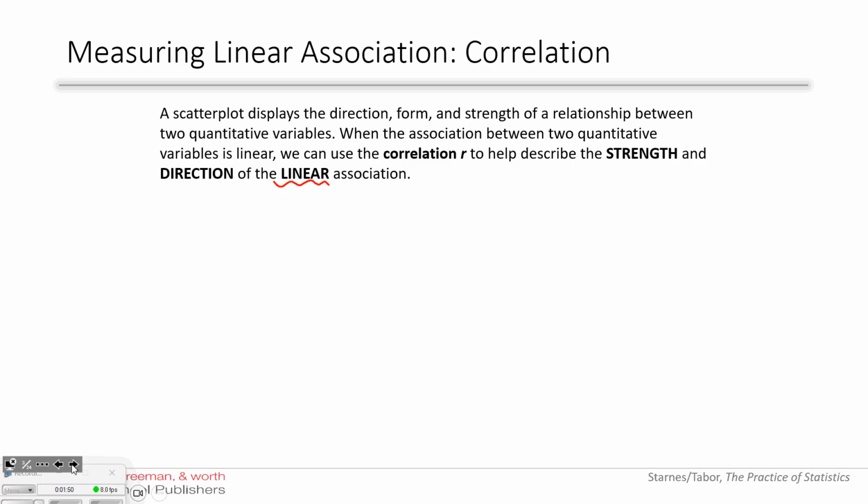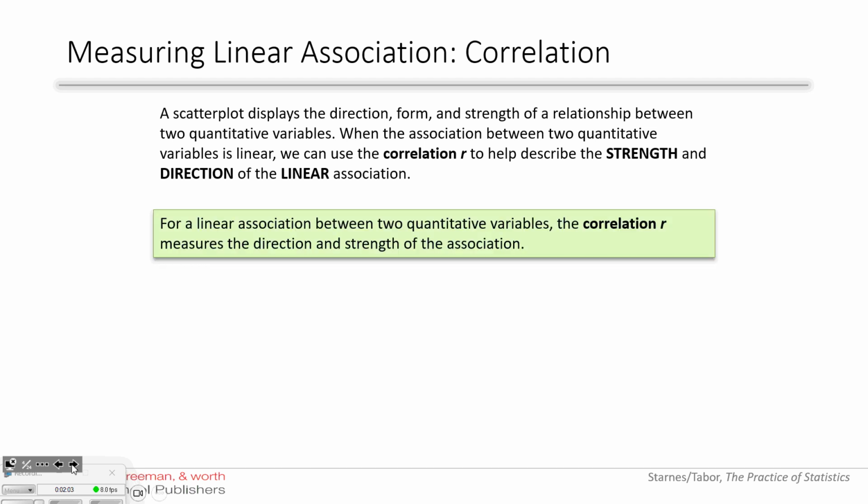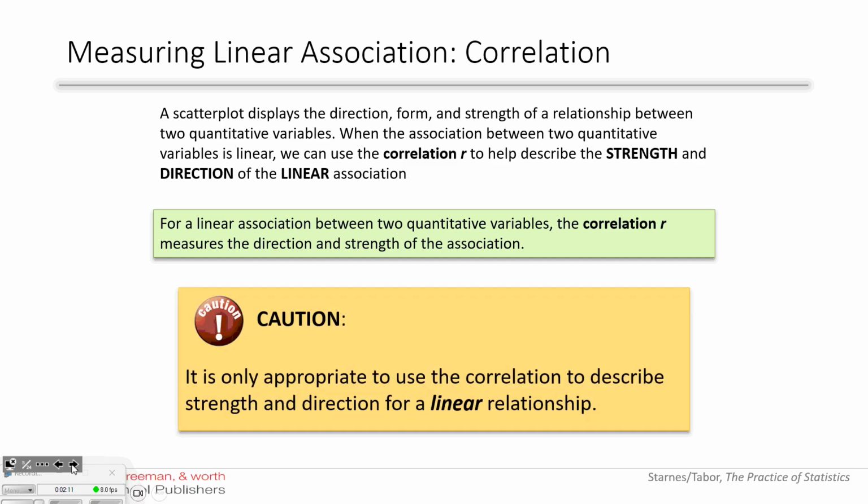It means that you should have an indication of a linear relationship before you even look at or talk about correlation. In other words, make a scatter plot first, check that scatter plot, make sure it looks linear. Again, correlation is going to tell us two things, the direction and the strength of the association.